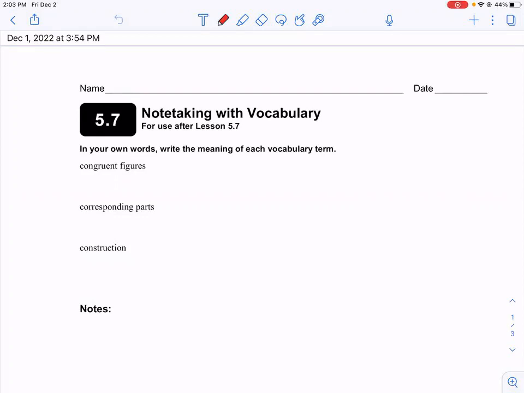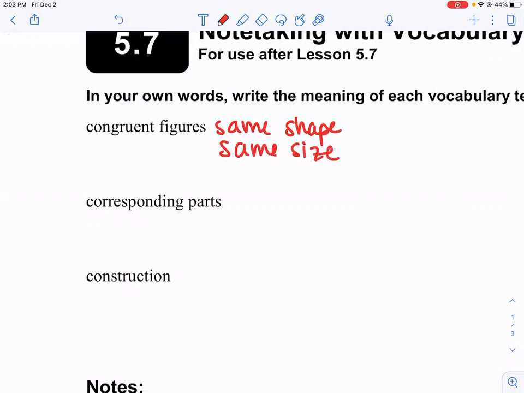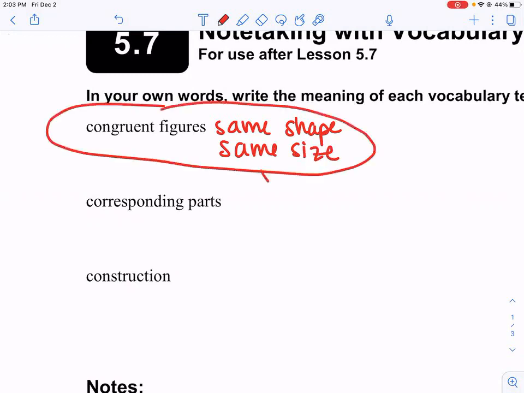Okay, so congruent figures, we know, are the same shape and the same size. And if we have congruent figures, then our corresponding parts are also going to be congruent. Okay? And that's the whole premise of today.